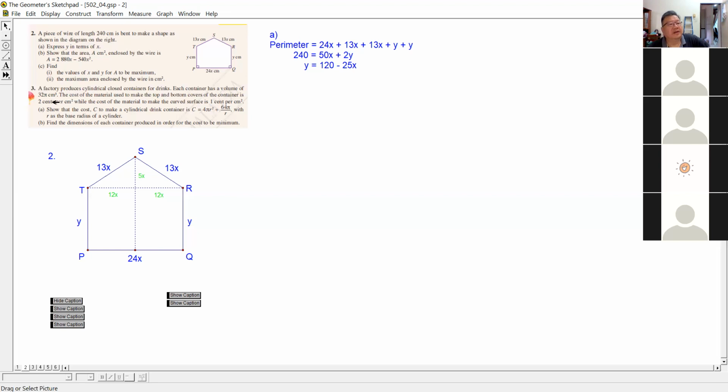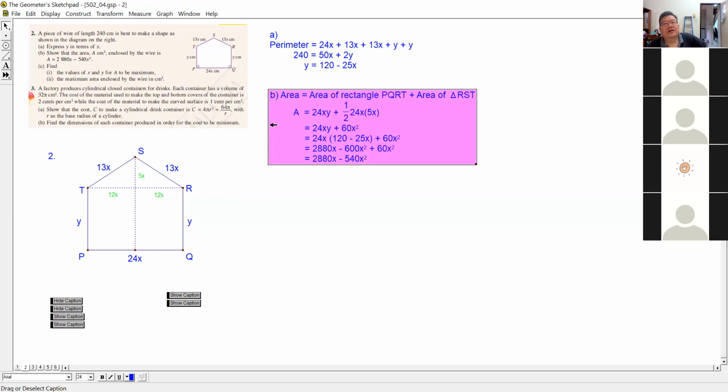Okay, right. Next one. So I try to find the area. The area of this shape here is the area of the rectangle PQRT, plus the area of a triangle, triangle RST. So this isosceles triangle and area of this rectangle. Area of rectangle is the base times the height, y times 24x.